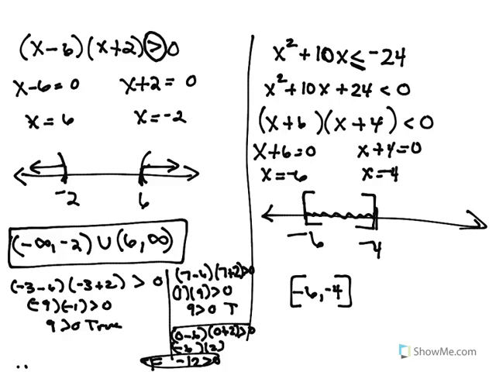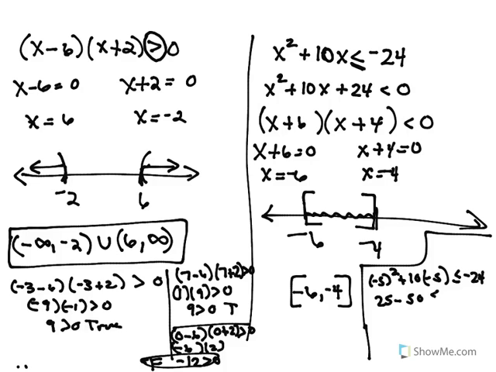So if we were to choose a value to check it, just so I can show you, if I do negative 5, negative 25 is less than or equal to negative 24. That's true.